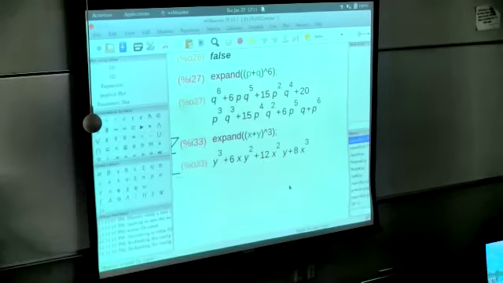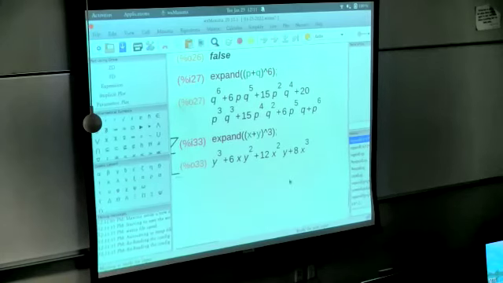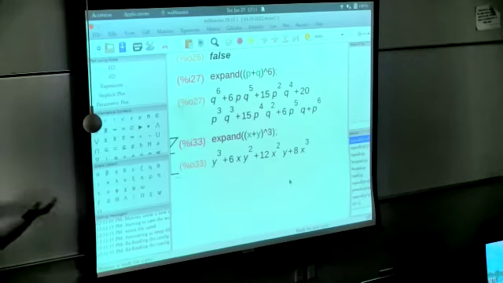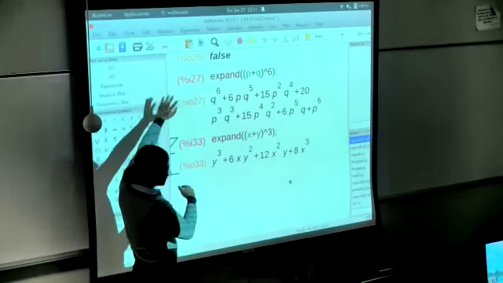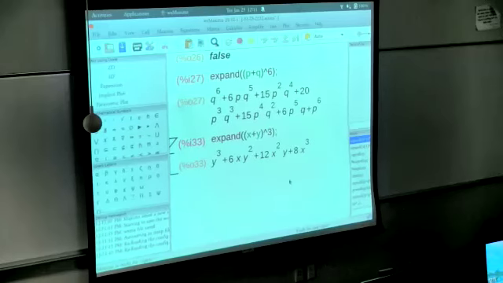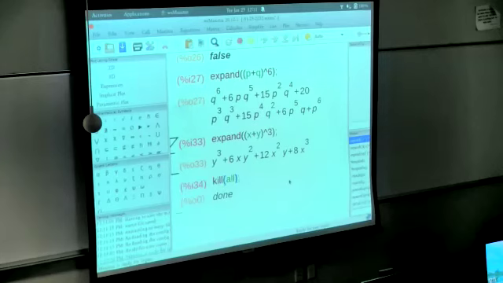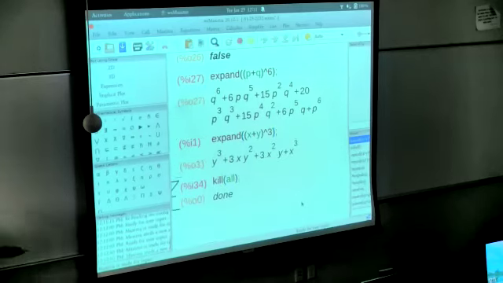What does that mean? x is equal to 2x? It simply means that we have a different assignment already. So perhaps we will kill everything. And now it works.